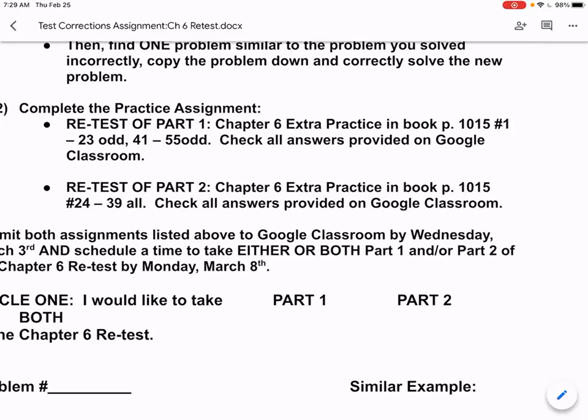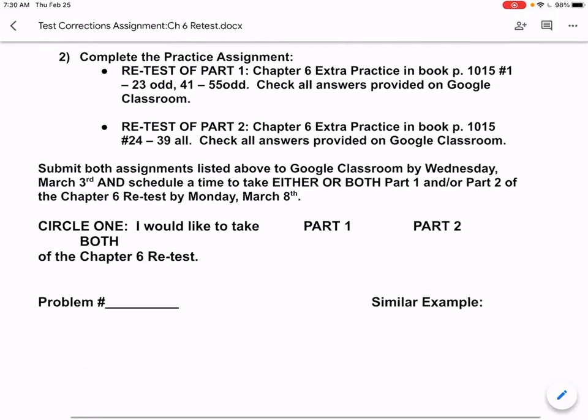So part 1, in the back of the book, page 1015, there's actually a whole bunch of practice problems all for chapter 6. So I have select problems if you want to redo part 1. If you want to redo part 2, again, I have select problems for part 2. So this is for the chapter 6 retest. And then the last part of this form I have is for you to circle. I would like to take part 1 over, part 2 over, or both parts of the chapter 6 retest.